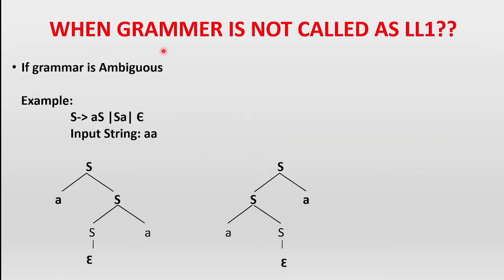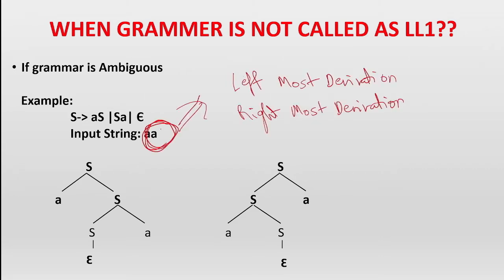Now, the third case when a grammar is not LL1 is if the grammar is ambiguous. What is ambiguous? This is the grammar given, and we have to get the input string a from this grammar. Parse tree means you can draw in 2 ways: a leftmost derivation and a rightmost derivation.